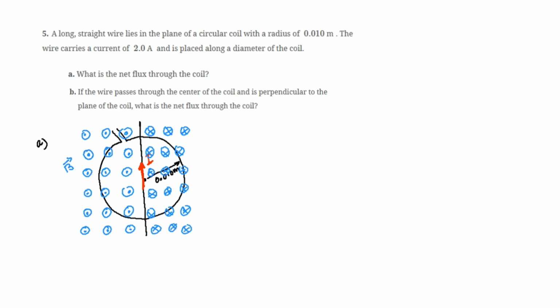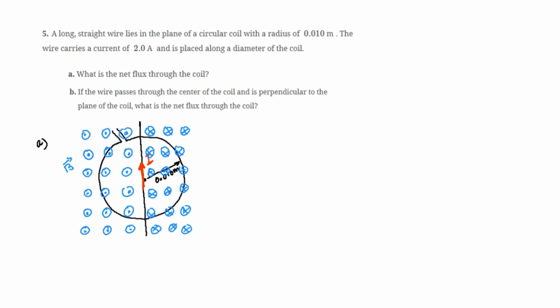Now, if you analyze the number of magnetic field lines to the left of the wire leaving the plane, and the number of magnetic field lines to the right of the wire entering the plane, they are the same. Because this magnetic field has the same intensity to the left and to the right of the wire, as you are at the same distance from the wire.